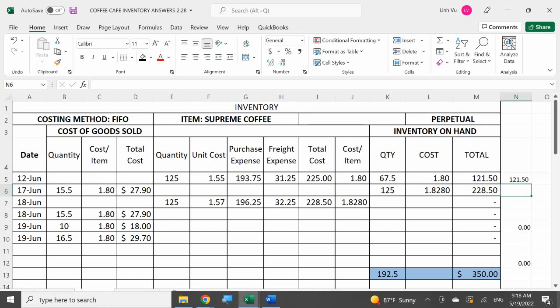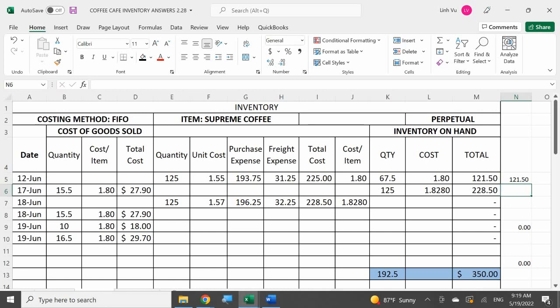Okay. So that means after using my Supreme Coffee, I now have 192 and a half pounds left remaining at a grand total of $350 even. Okay?